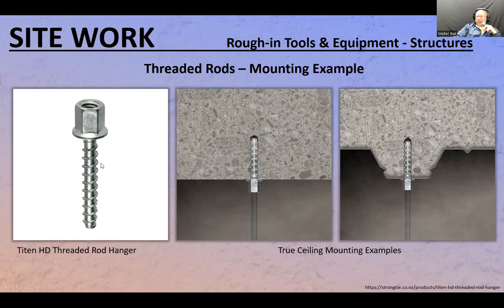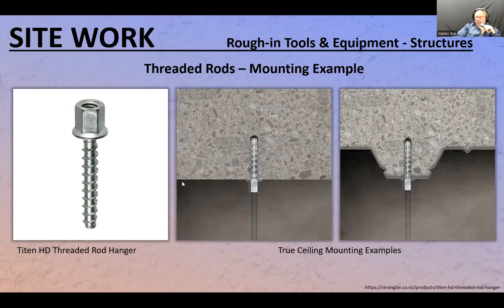For this one, you use a hammer drill, and whenever you buy those, they're going to specify what size of concrete drill bit to use to drive into the ceiling space, or otherwise concrete, well, mostly ceiling space because they are hangers, right?